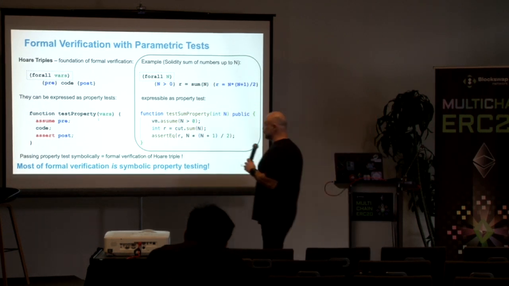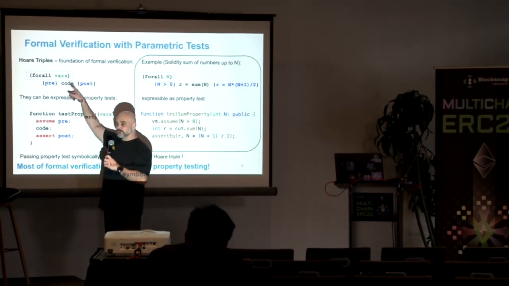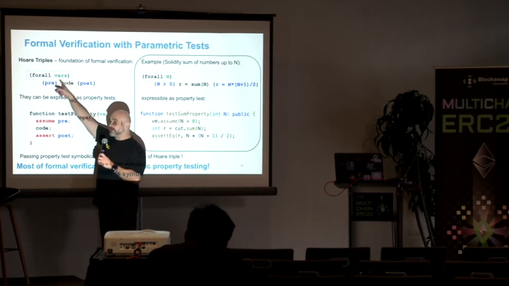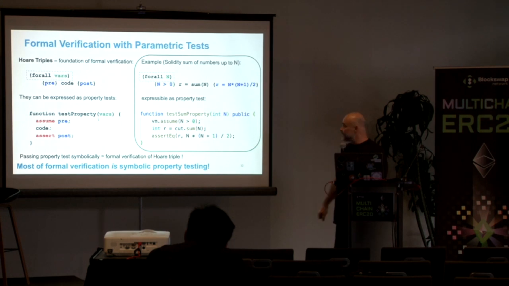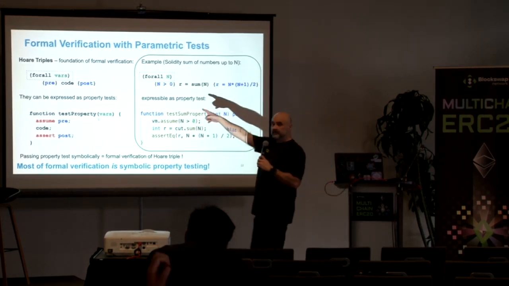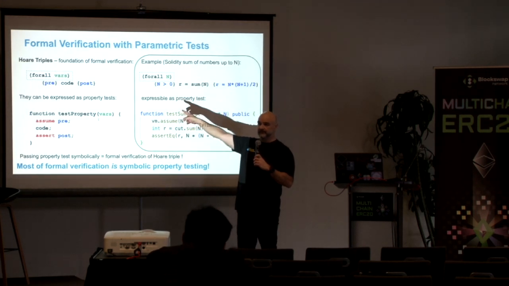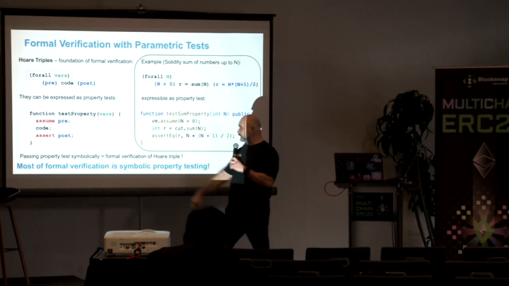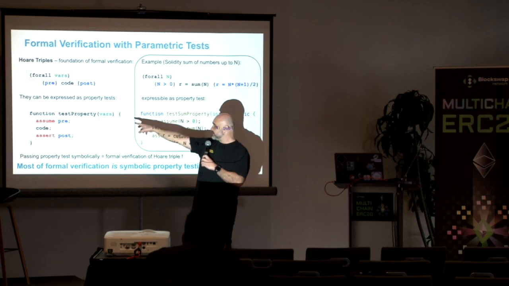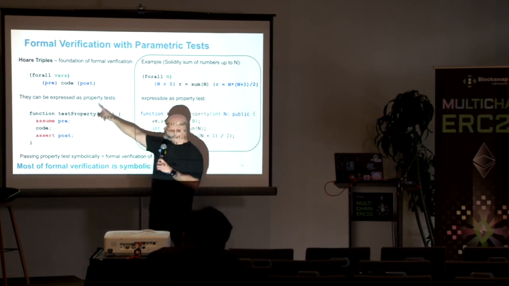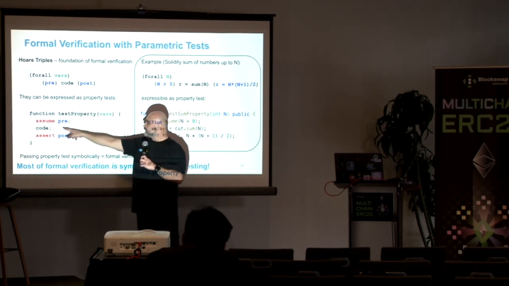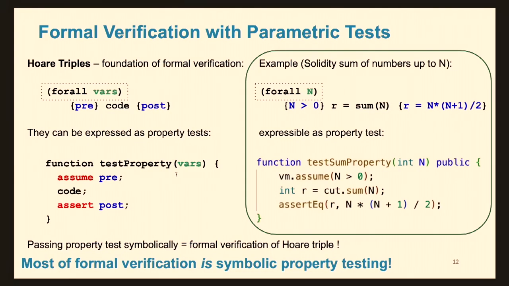We have preconditions, postconditions, and code, and all these may have some free variables ranging across all of them. It is a very simple and direct way to translate those correctness specifications in formal verification to properties like this. I just take all the variables as parameters, assume the precondition, execute the code, and assert the postcondition.